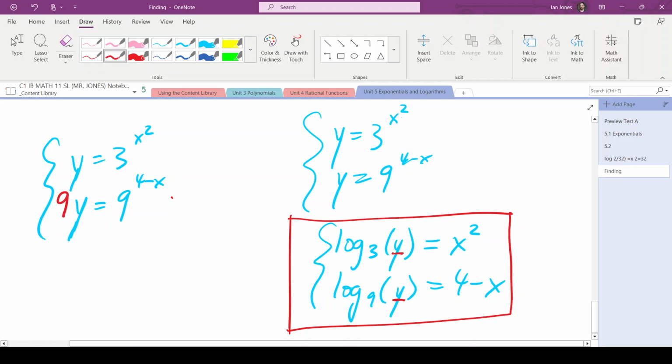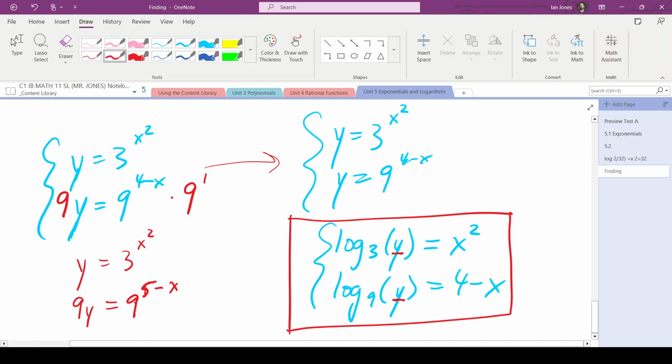Let's multiply both sides by 9. So I haven't changed it, right? This can go to that because I'm multiplying both sides by the same thing. And then this gives me y equals 3 to the x squared. And here I now have 9y equals, and this is the same as 9 to the 1, multiplying, same base, so we add exponents. So now I have 9 to the 5 minus x. You see that?